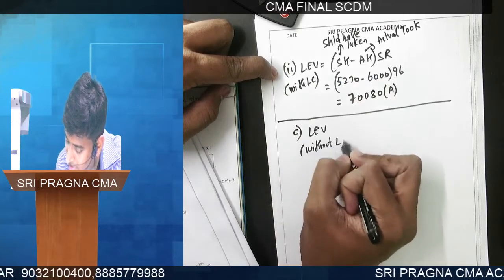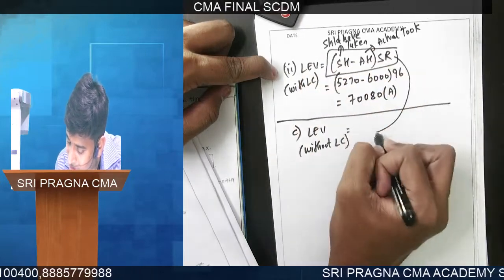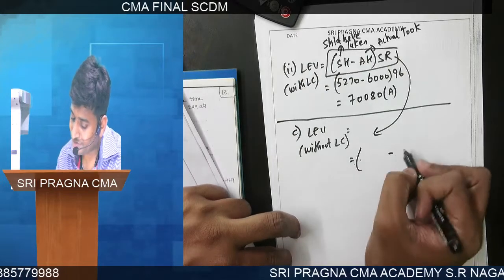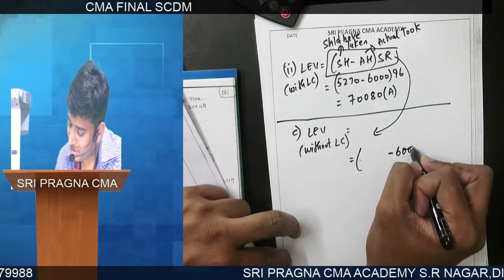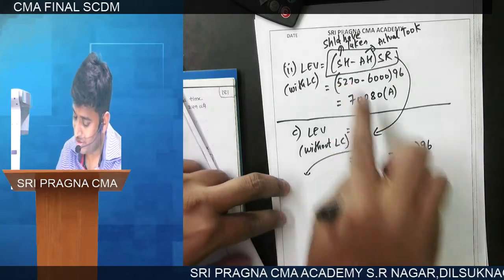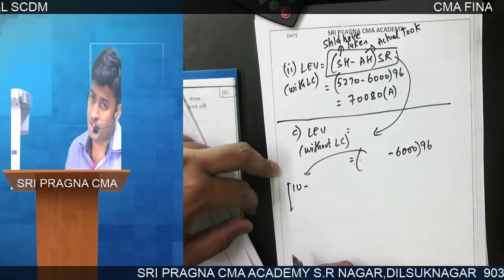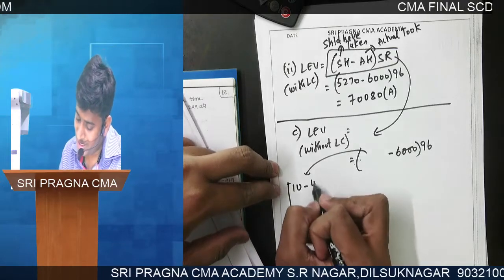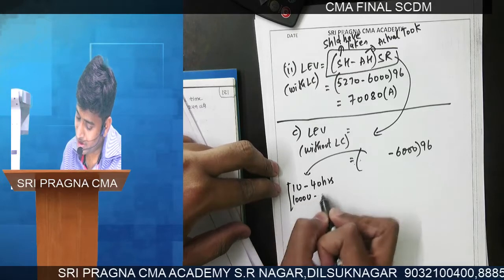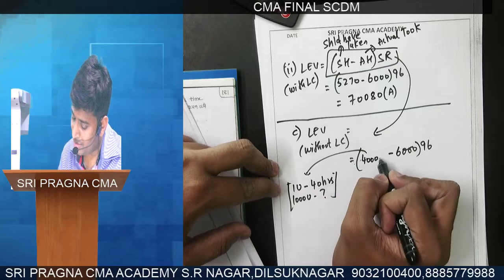Without learning curve, the formula remains the same. 6 into 96. First unit takes this, 1000 units takes this.